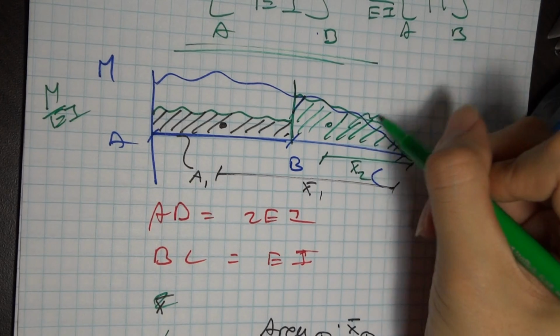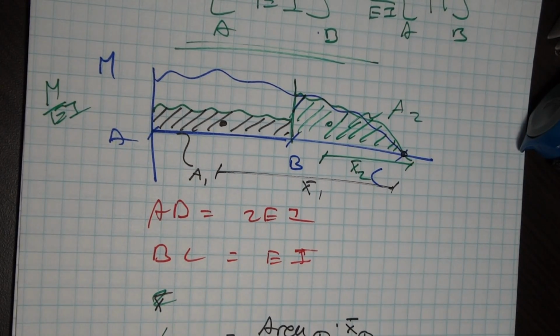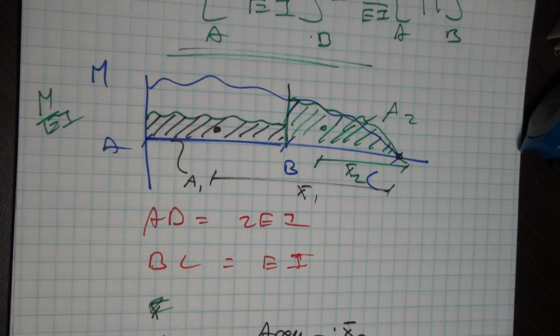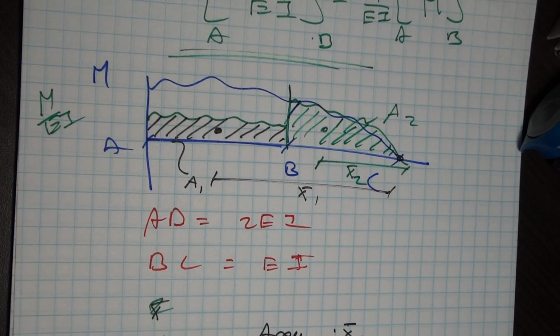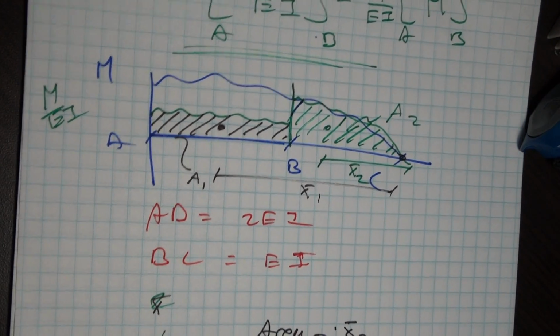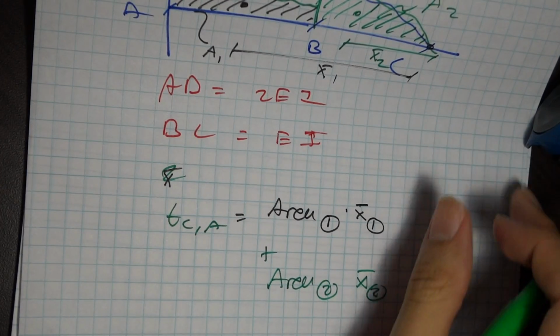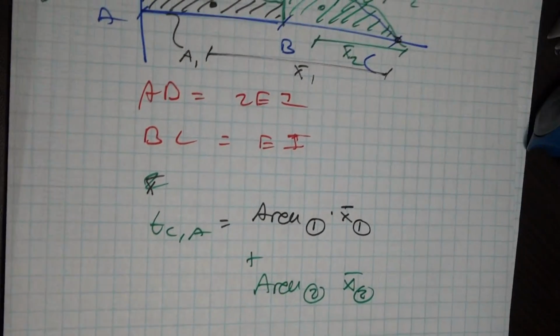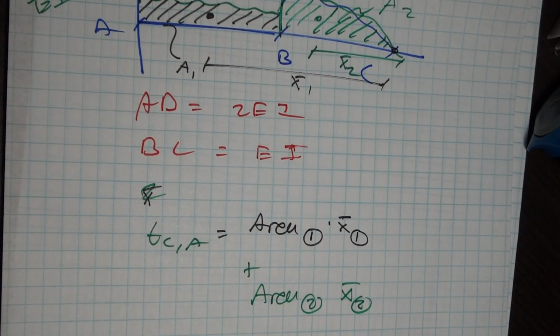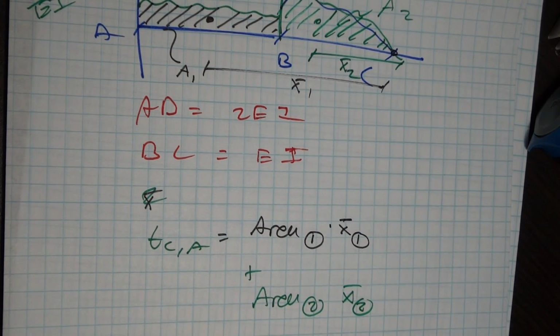X bar 2, A2, plus area 2 times x bar 2. And that will be the TCA.